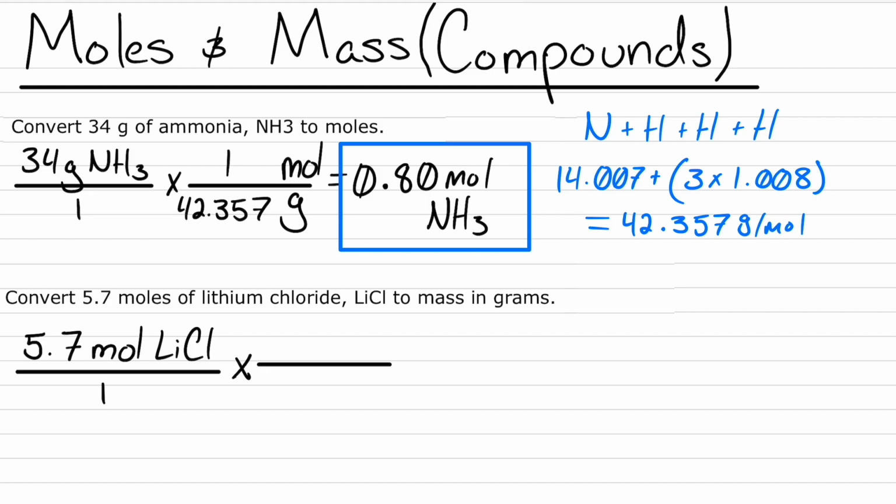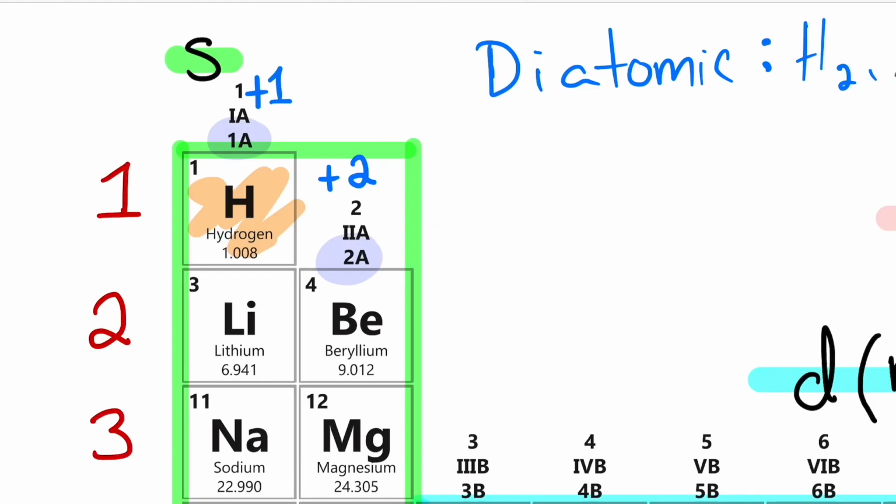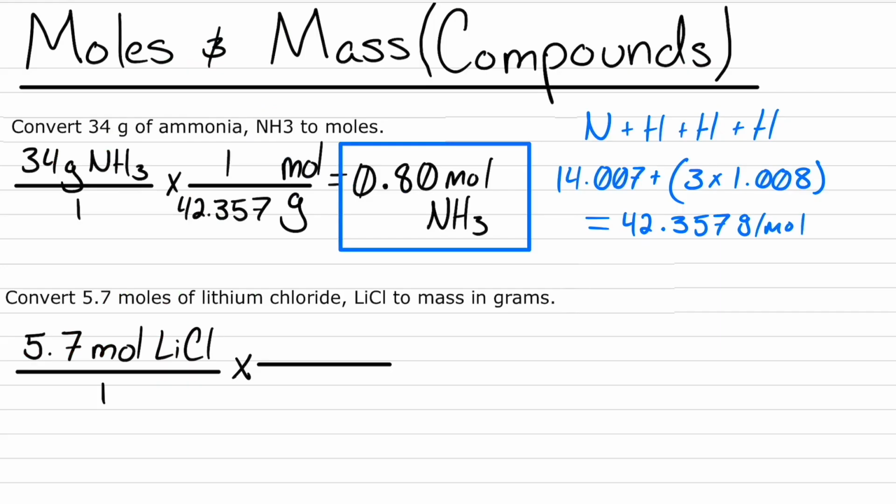So I need to calculate the molar mass of lithium chloride, which is just going to be the mass of lithium added to the mass of chlorine. So on the periodic table, lithium has a molar mass of 6.941.